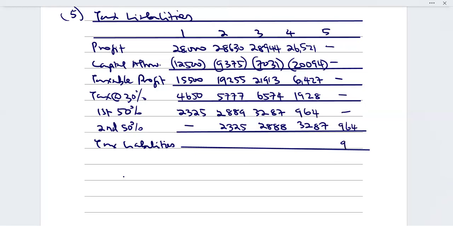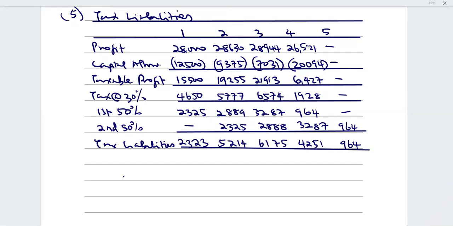So let's add it up. 964, 2323. Then here will be 5214. Here will be 6175. I hope I'm correct. Here will be 4251. Okay, 4251. Thank you.